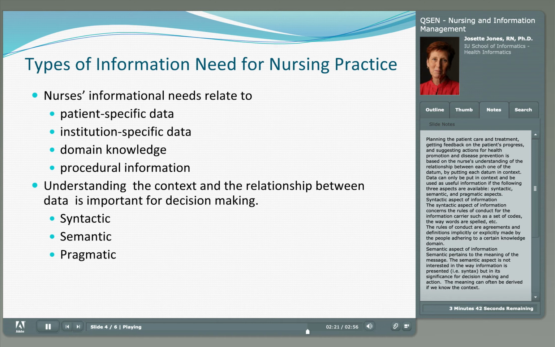The semantic of that value, 65 pounds, depends on if the value is normal or not, given the context, like the patient age, height, history. The pragmatic use is the assessment of nutritional status, initiating of tube feeding and/or psychotherapy.